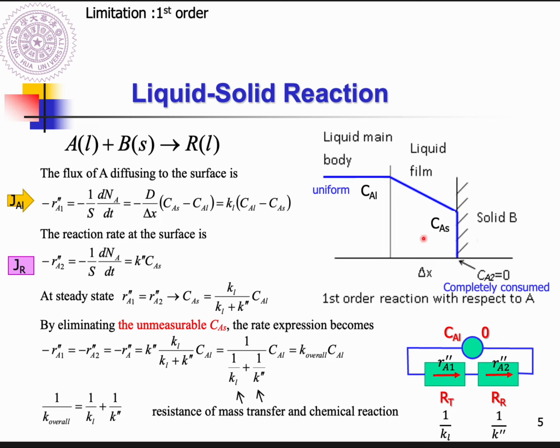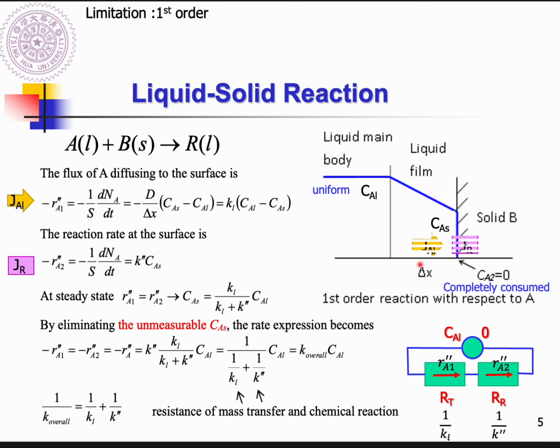Don't forget, our question is: can you formulate the overall rate equation for this heterogeneous chemical reaction? Based on the knowledge you learned from lecture 6, probably you will write down the reaction. The consumption rate of reactant A will be equal to... we also assume this reaction is first order, so probably we'll write it down like this, right?